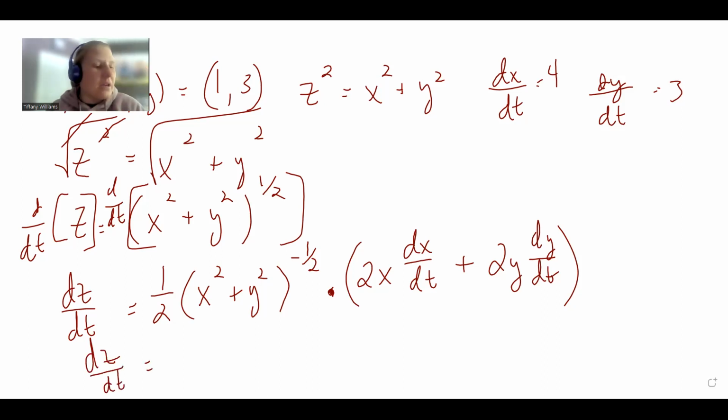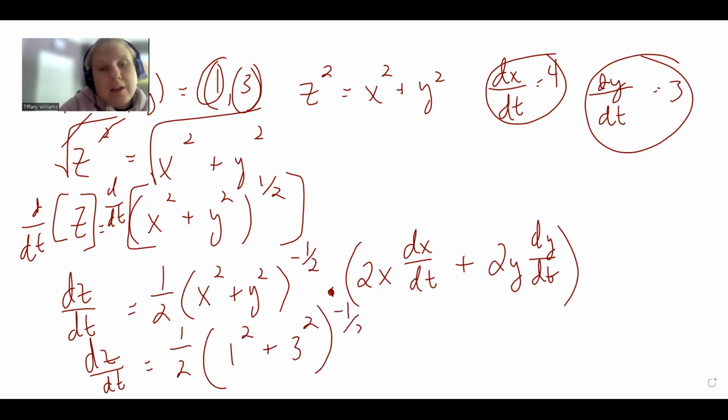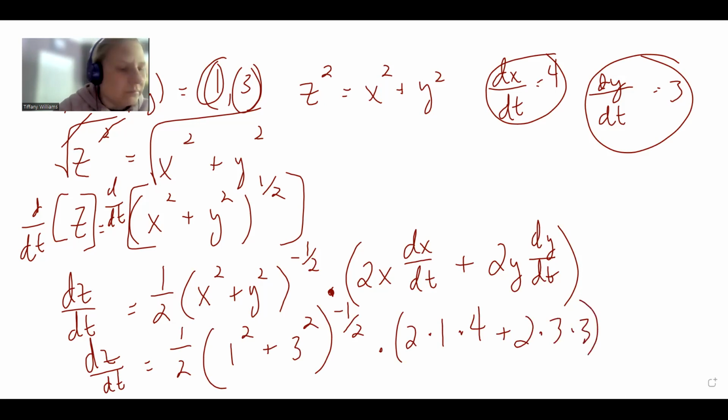equals, and at this point I can go ahead and plug in what I know. So for x and y, I'm going to use 1 and 3. So I'm going to have 1/2 times 1 squared plus 3 squared raised to the negative 1/2, times 2x, x was 1, dx dt was 4, plus 2 times 3 times 3.